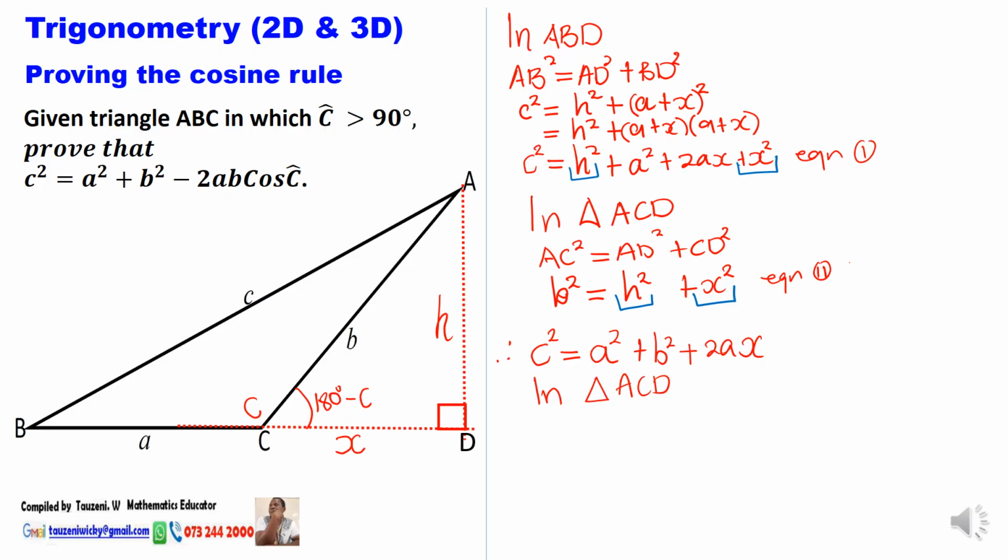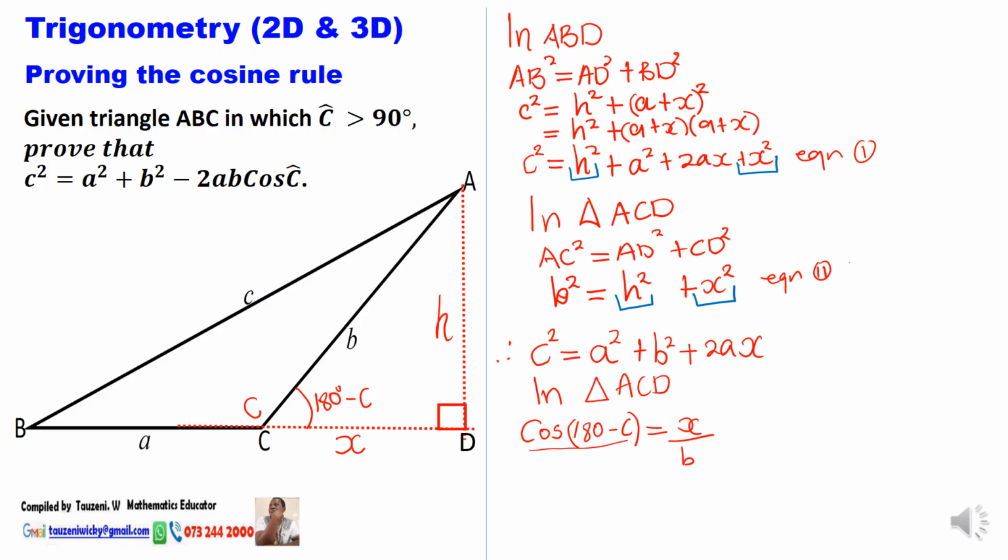So in triangle ACD, the cos of that angle, the cos of angle 180 minus C. The cosine of any angle is equal to adjacent over hypotenuse. Our adjacent is x divided by the hypotenuse. The hypotenuse is b.